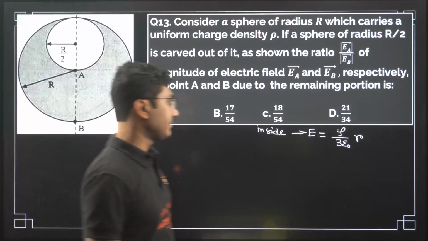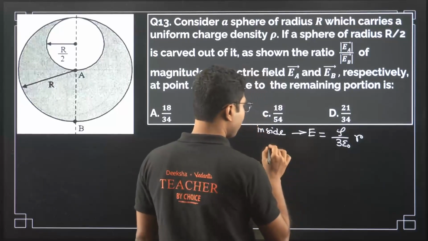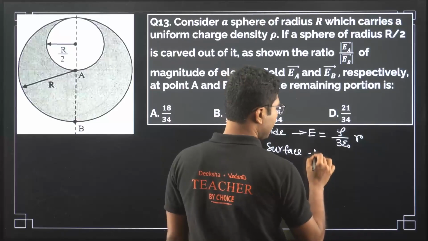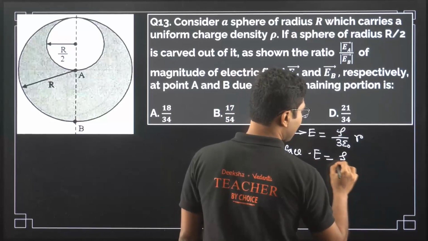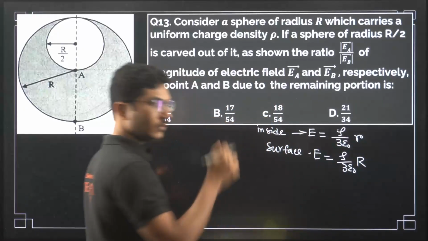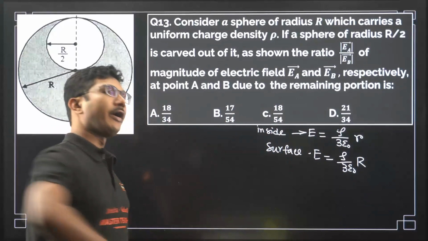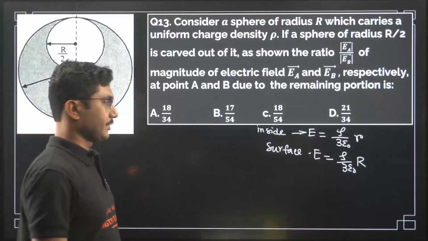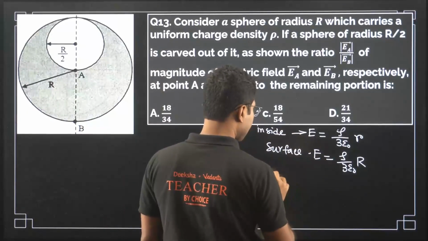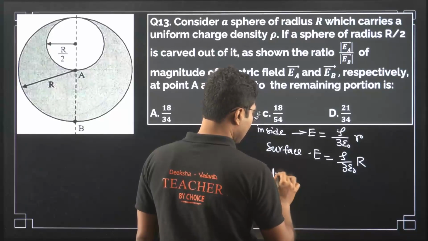For the surface, obviously, the formula becomes E equals sigma by 3 epsilon naught capital R. And for any points outside the surface, the formula is slightly tricky.